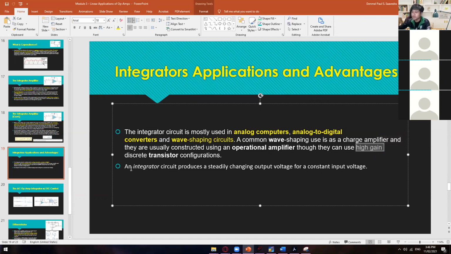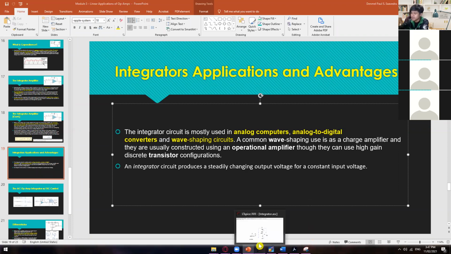Another one here is an integrator circuit produces a steadily changing output voltage for a constant input voltage. Like if you have a changing output voltage, you can use the integrator to stabilize your output. So you can see that an integrator is also a stabilizer.